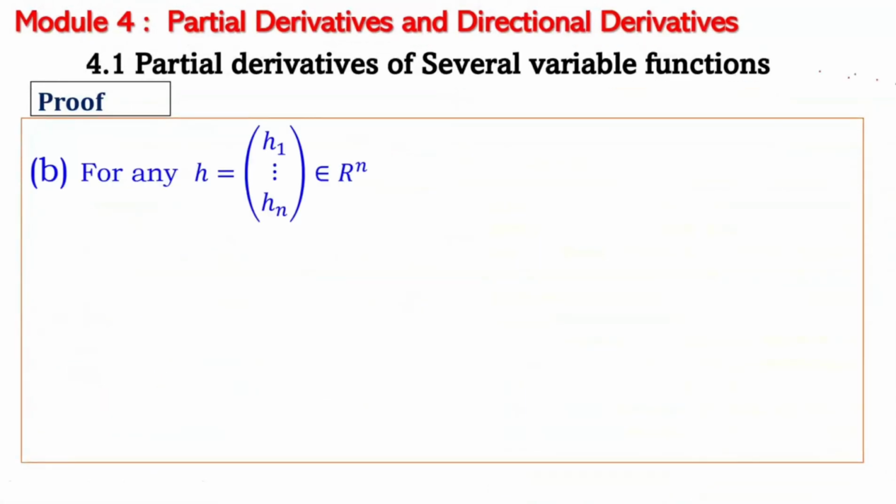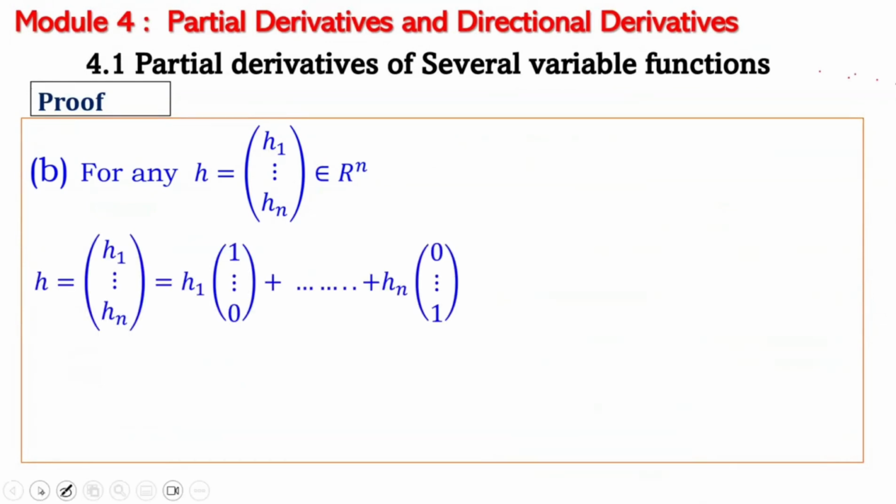For the part B, let's take any h belonging to Rn, we have h equal to h1 to hn. So this is h1, we can write it as h1 times (1, 0, ..., 0) and then hn times (0, ..., 0, 1). So therefore this one is actually e1, this is en.